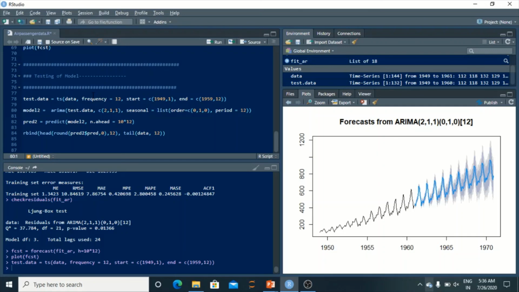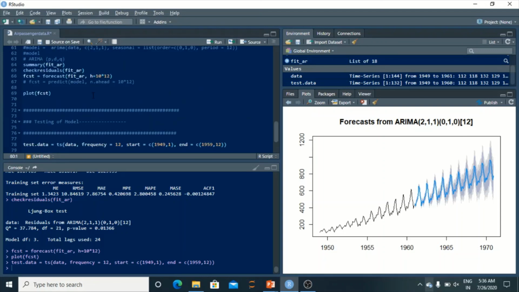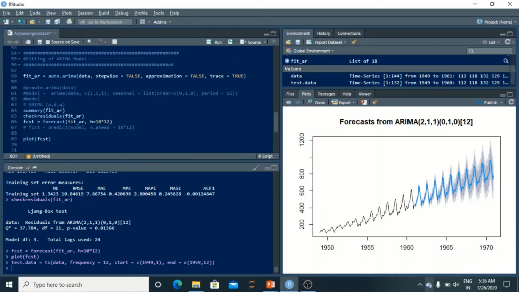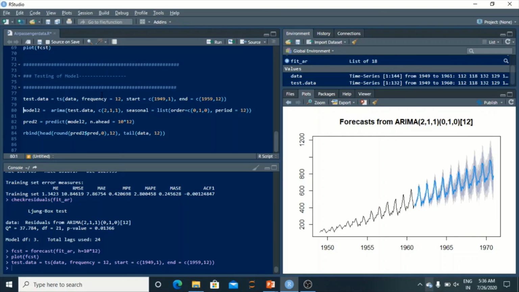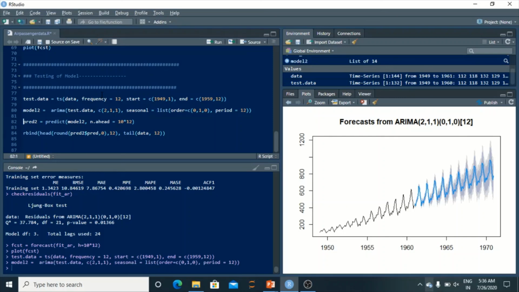The model I have already fitted, I just use the same parameters and name it model 2. We can also use the fitted model, but I picked the parameters from the fitted model, and I can simulate the ARIMA process.